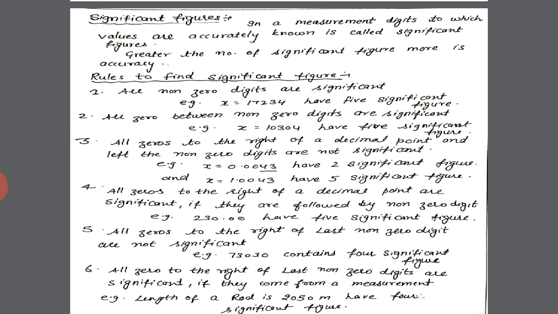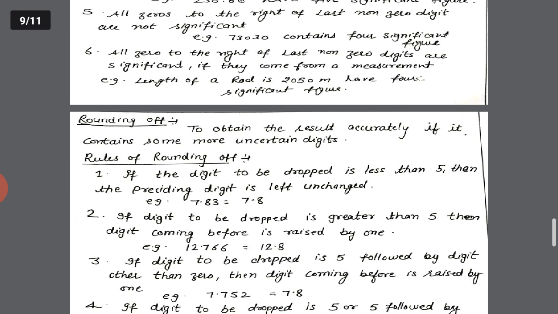Rules are given there. Go through all the rules and then try to find out with examples how you can find the number of significant figures in a particular case.